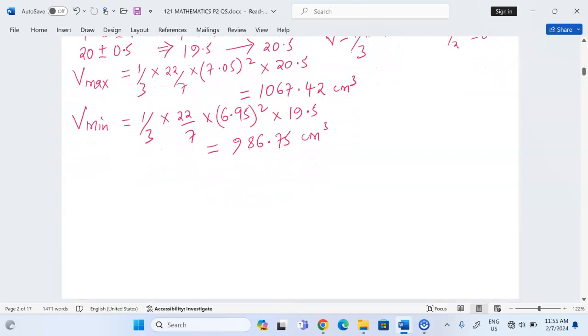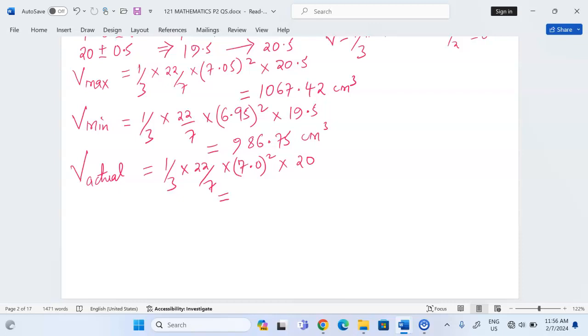Then we can go to the working volume. We can even call it an actual volume. So for the actual volume, we use a third pi. Then the radius, we use it as 7.0 squared, the way it has been recorded, multiplied by height of 20. So for actual values, we use how the dimensions have been recorded.